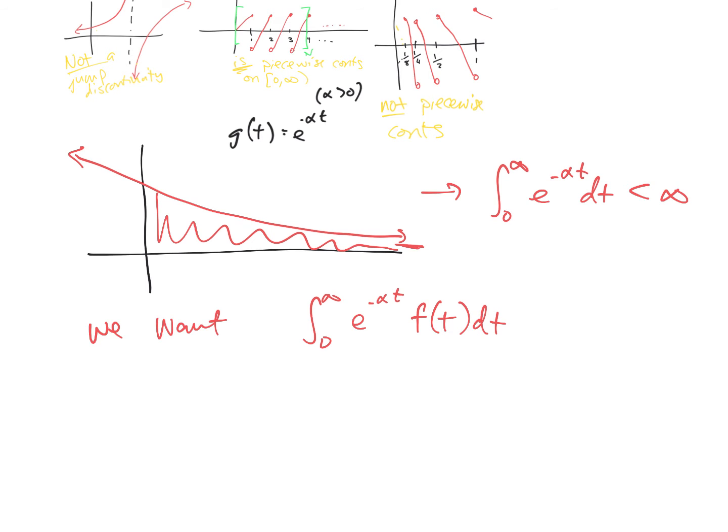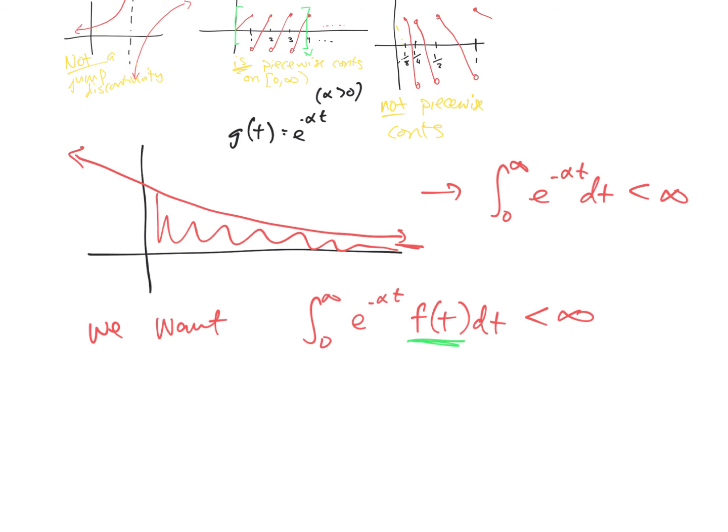Remember, that's the definition of our Laplace transform. We want this to be finite also. So we need this to be sort of small enough that it's not going to cancel out.